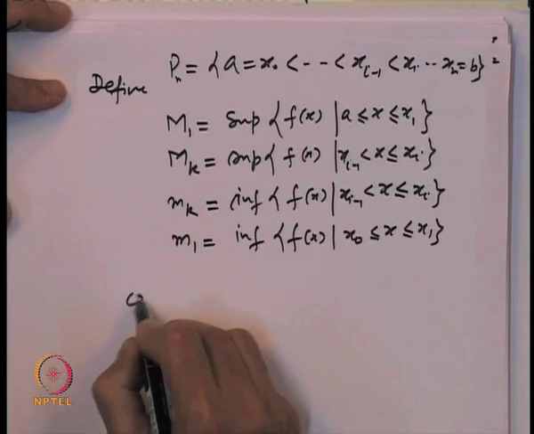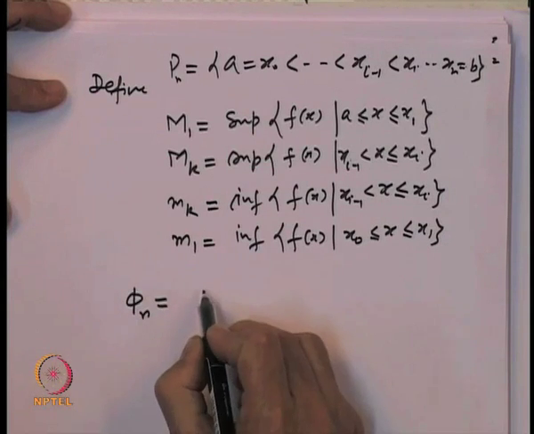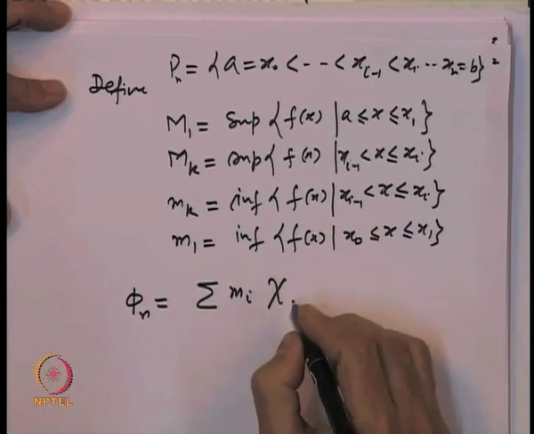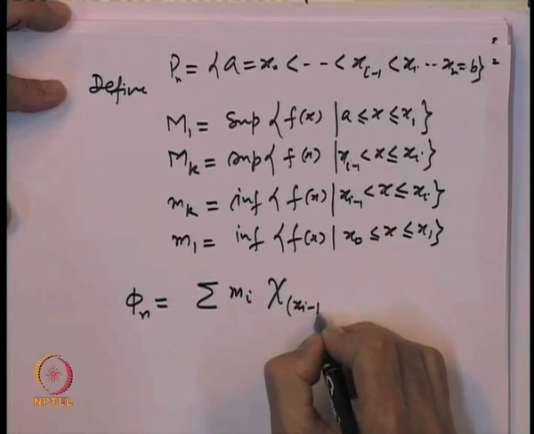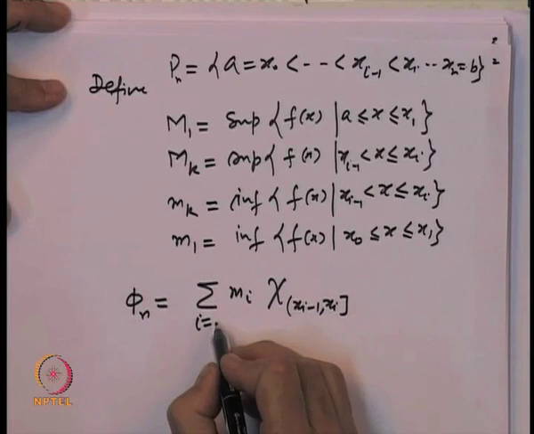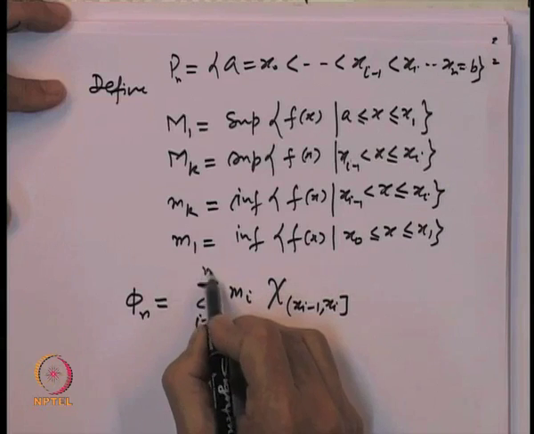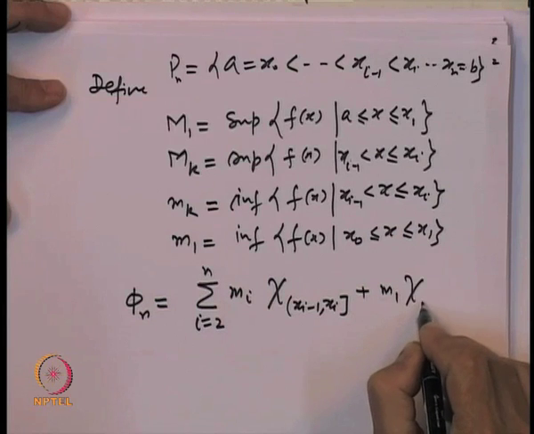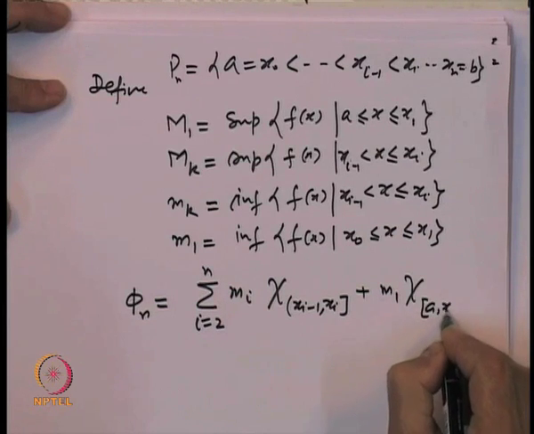So, once we have done this mathematically, let us define the required functions. Let us define phi_n as the function which is the summation of m_i times the indicator function of x_{i-1} to x_i, for i equal to 2 to n, and in the first one, let us put that value as m_1, the indicator function of [a, x_1].